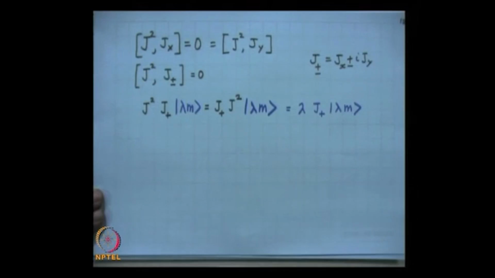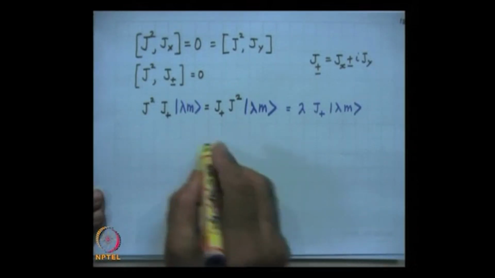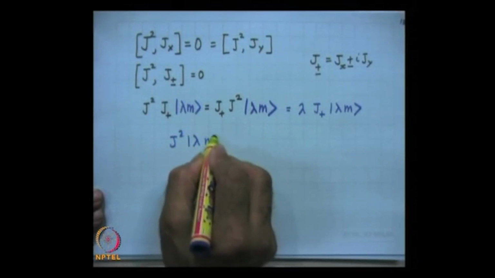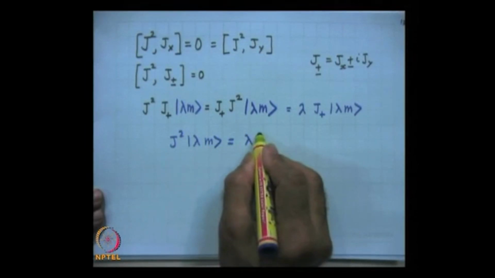Thus, what we had started out with is j square ket lambda m is equal to lambda ket lambda m.